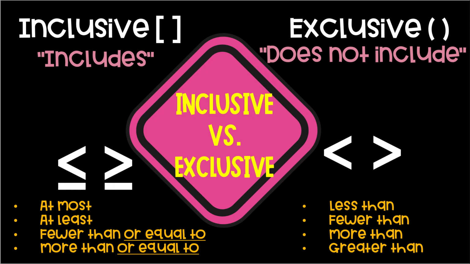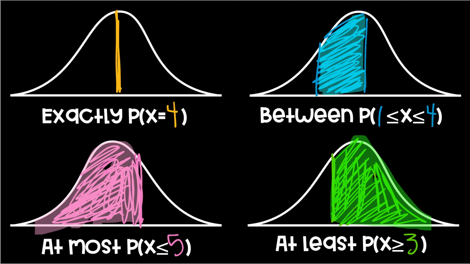It also gives you examples visually of what it means when you're looking for the value x to be between two values inclusive or exclusive, when x is less than or equal to or greater than or equal to a value, or where x is exactly a value. If you still have questions on these, refer to the second video.